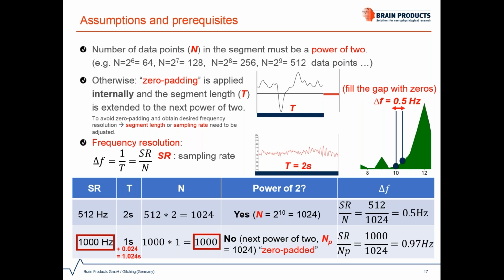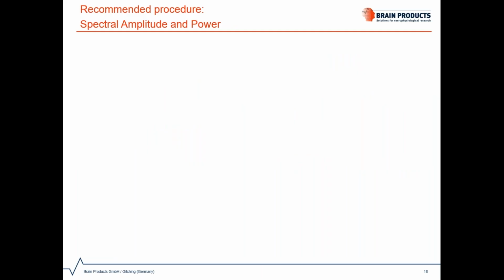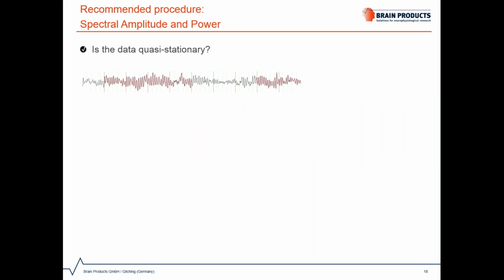Okay. Before we go to Analyzer, let me walk you through the recommended procedure for computing spectral information. By now, you recall that stationarity is the keyword for FFT and why it is important to use a stationary or quasi-stationary signal when applying FFT.